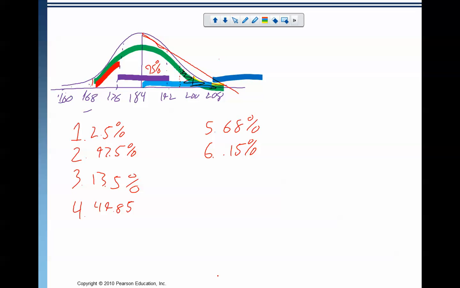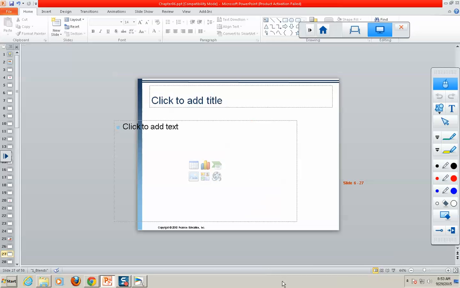And the good news is that there's a bunch of mathematicians who have done that for us already. They've created a normal model, and they even have giant tables and calculations that will do every z-score for you. Okay? We just have to be able to learn how to access it. And that's the point of tomorrow's lesson. Now that we have an understanding of what the normal model looks like and those percentiles within, and that 68, 95, 99.7 rule, tomorrow's going to be all about finding those exact percentages for any z-score. Okay? And that's what we'll do tomorrow.